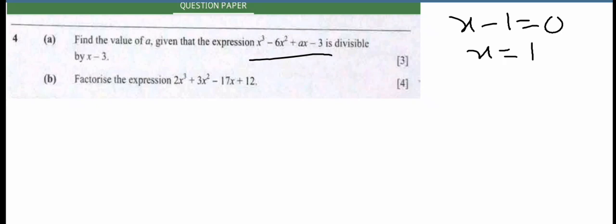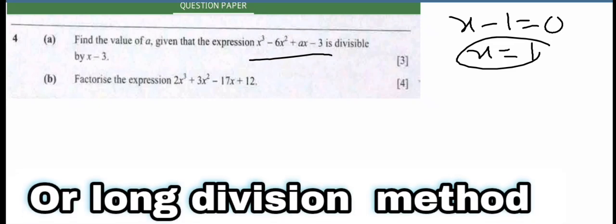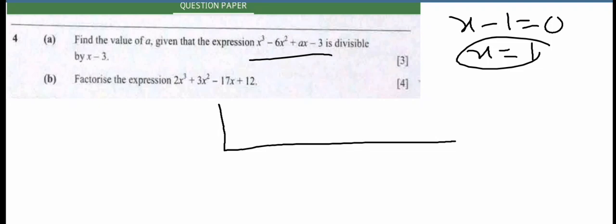Let's try to find the expression that we are going to remain with if we use this one. So the next step, we need to use the synthetic method. As for the synthetic method, we need to do something like this. You need to write the numbers the way they are. The first number that we have is positive 2, followed by positive 3.